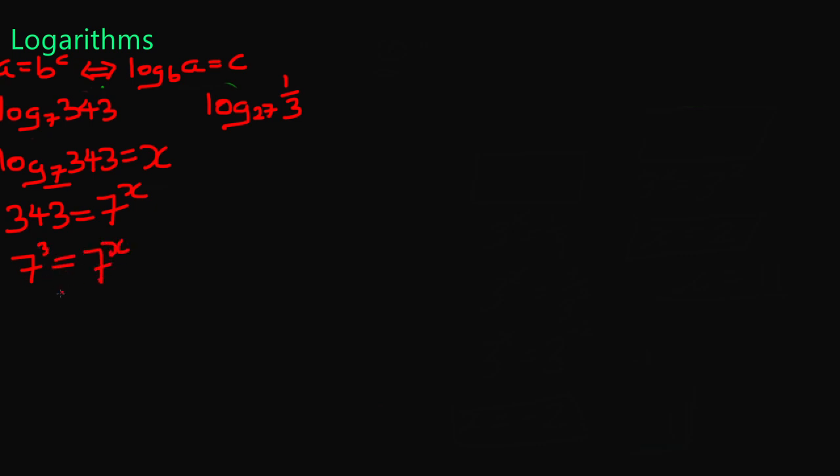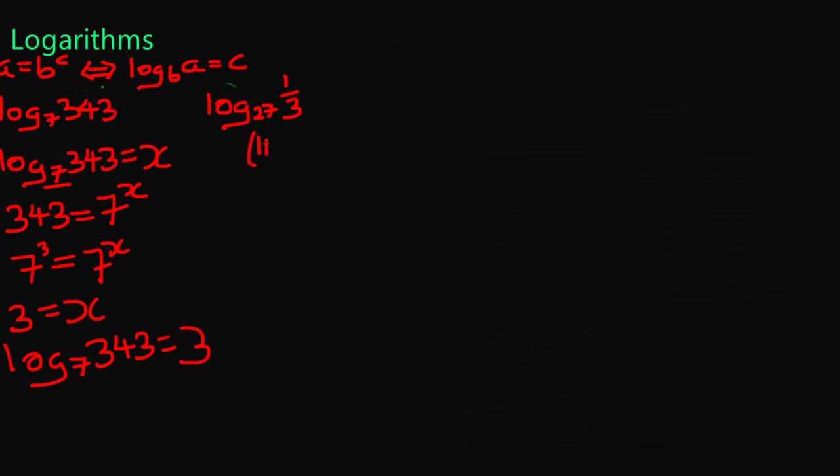Now we can let the exponents equal each other because we have the same base. So 3 is equal to x. That would mean that log base 7 of 343 is equal to 3. Very good. And if you enter that on your calculator, you should get the same answer.